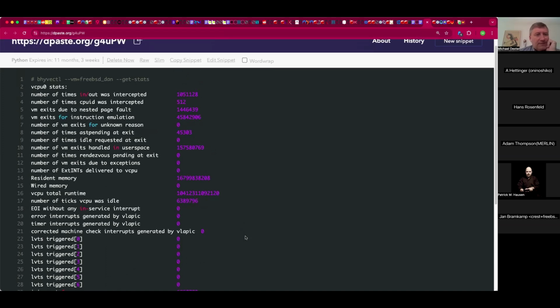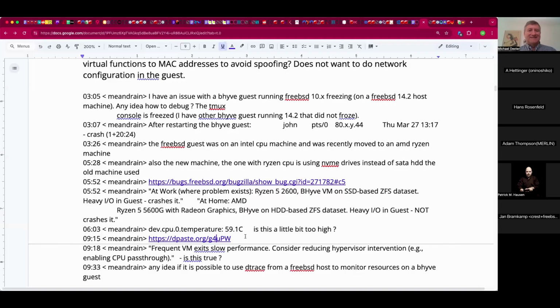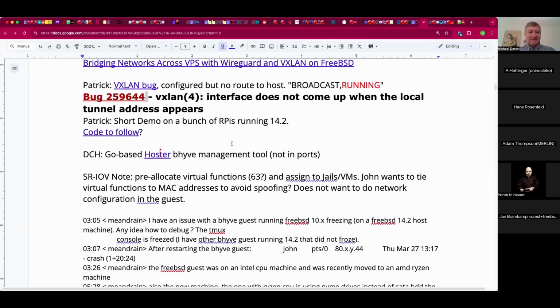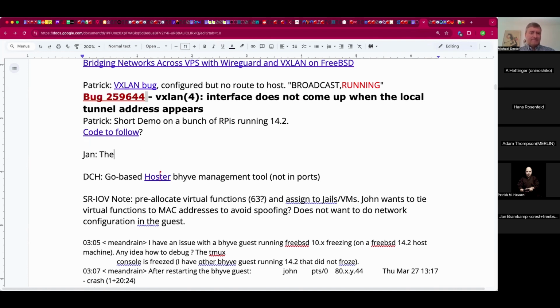Back to VXLAN. What may be interesting to use: there's a quite hacky configuration you can do with the FreeBSD bridge driver to run VXLAN without a multicast group.